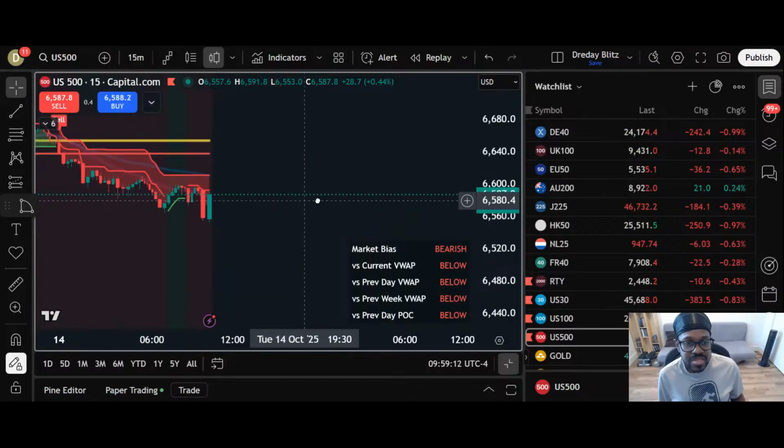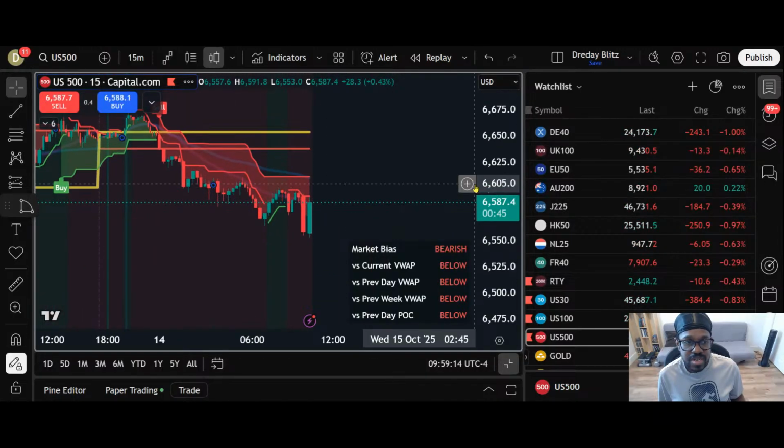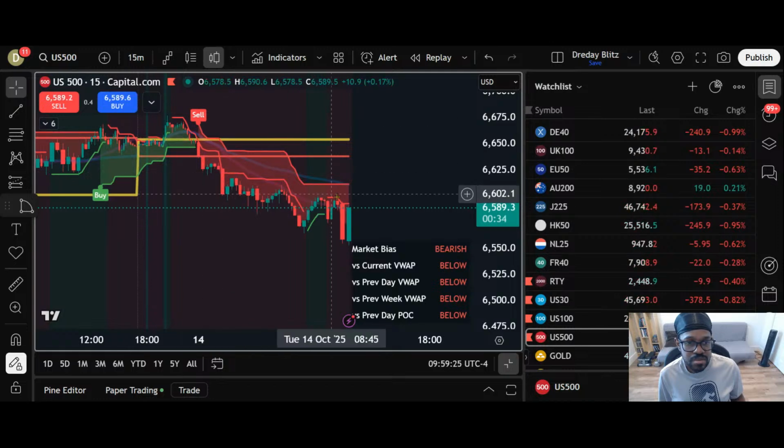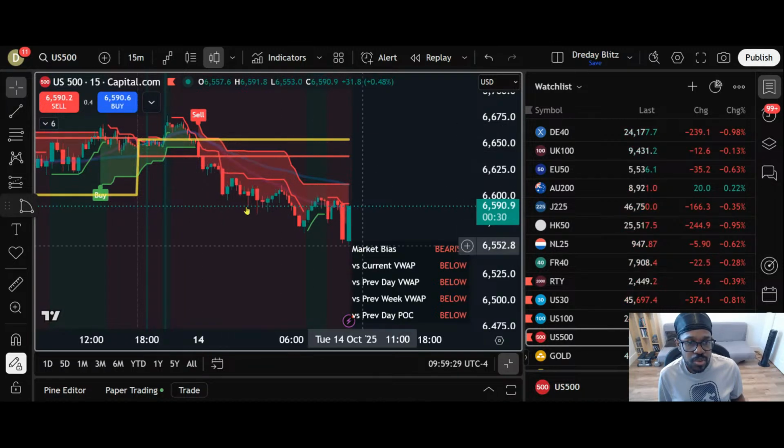The reason why I didn't stay on that trade is because the signal came in way late in regards to the actual trend. The trend already started here. So if let's say we had a sell here at the start of the trend, like at New York, I would have to hold the trade a little bit longer.